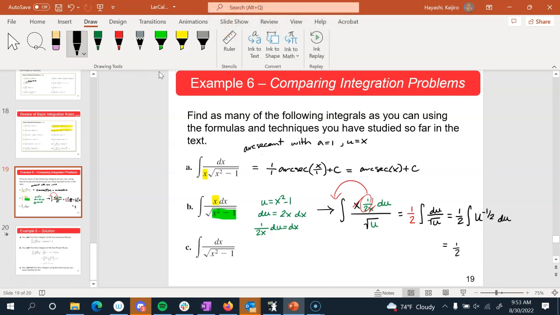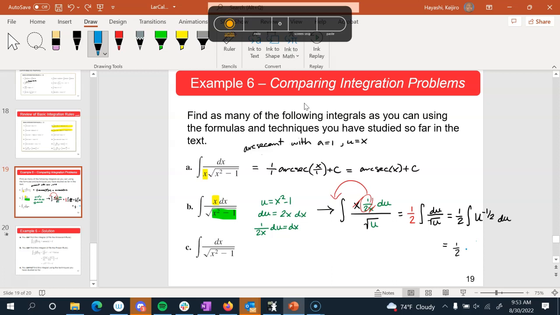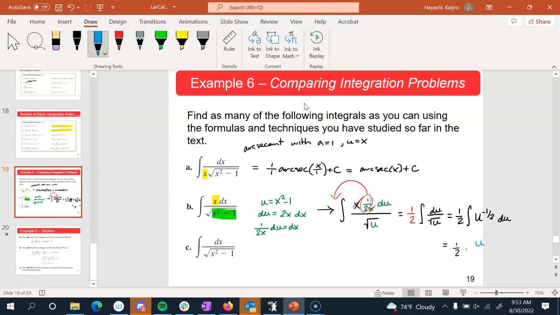There's still this 1/2. But then this integral, where we're going to take u, add 1 to the power. If the power is currently negative 1/2, adding 1 makes that positive 1/2. And we're going to divide by this new power. Well, dividing by 1/2 is the same thing as multiplying by 2, right?